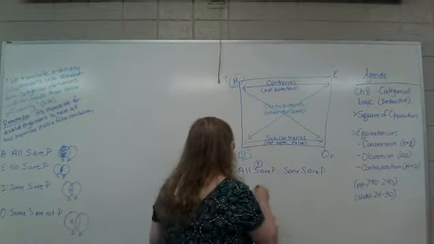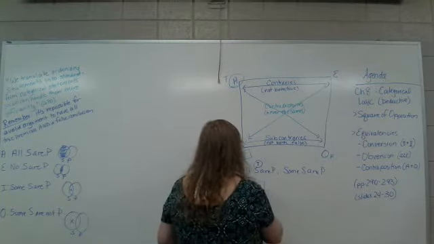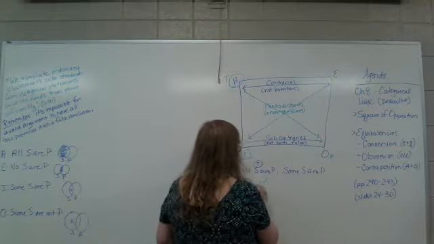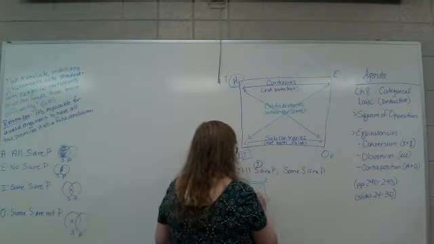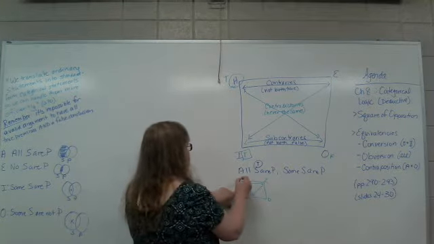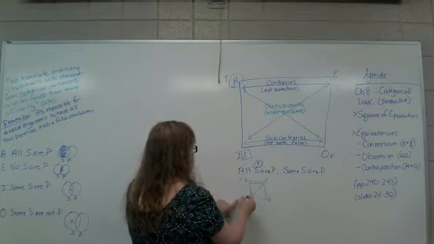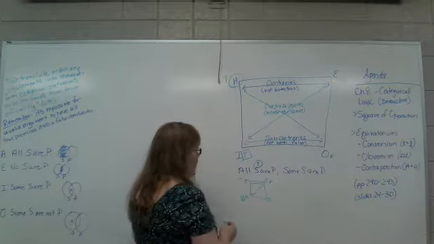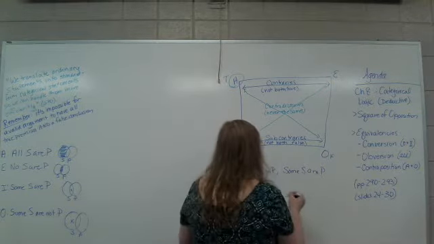So I can draw it. I go this way, and then I go this way. That's my drawing. So my true starts here, and I end up true here because that false is in the middle.